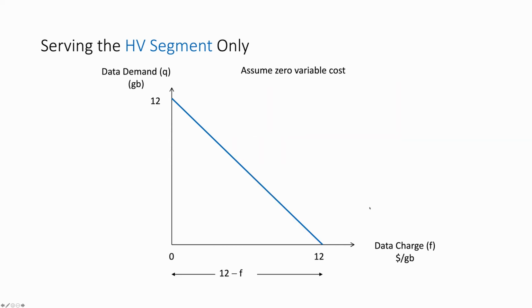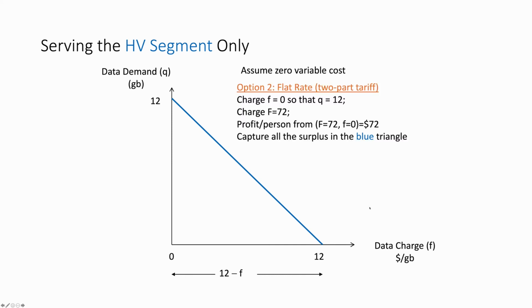Of course, a second option for serving high value segment is to charge a flat rate by forcing small f to be 0 so that the demand is 12. So people are using all the data they need because there's no charge on the usage fee.